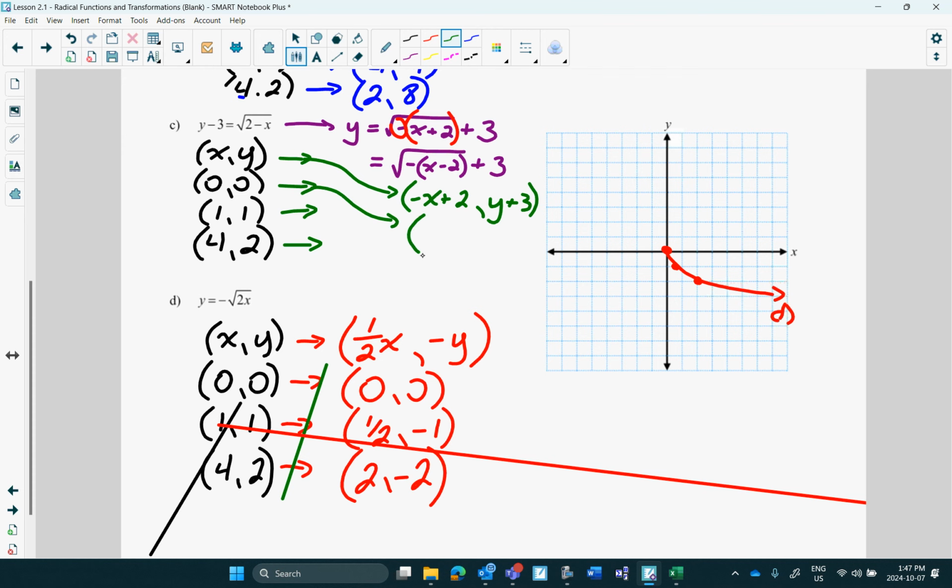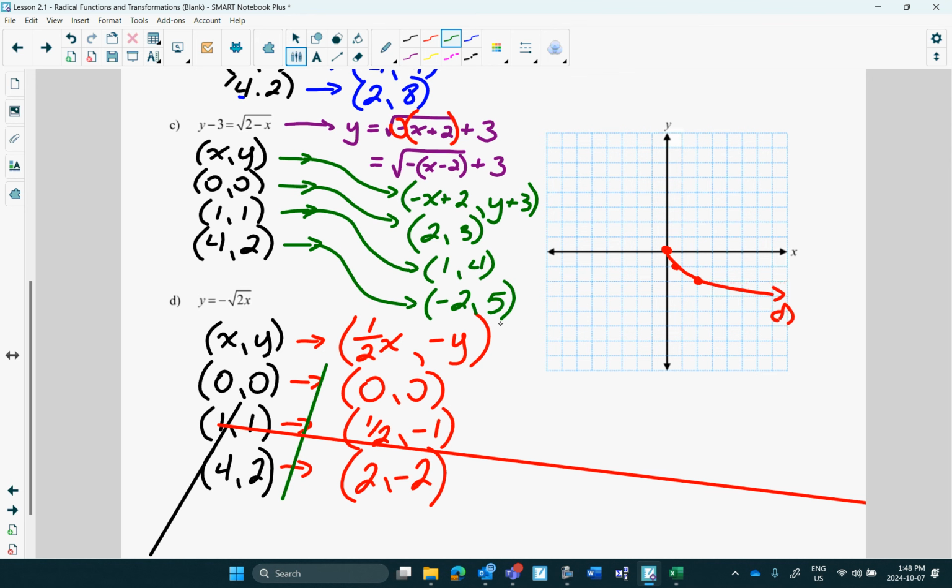So negative 0 plus 2 is 2, 0 plus 3 is 3. Negative 1 plus 2 is 1, 1 plus 3 is 4. And negative 4 plus 2 is -2, and 2 plus 3 is 5.